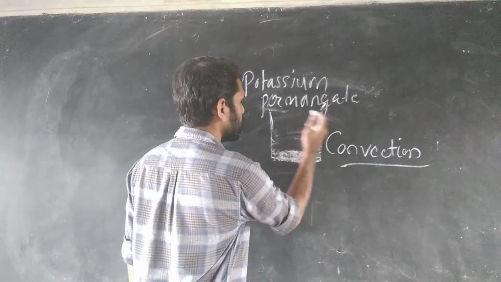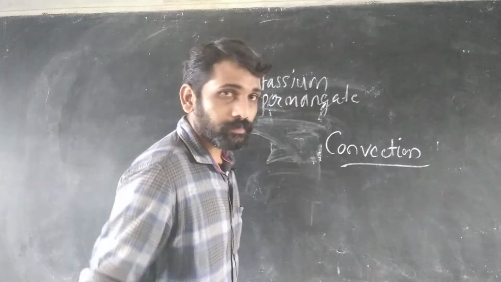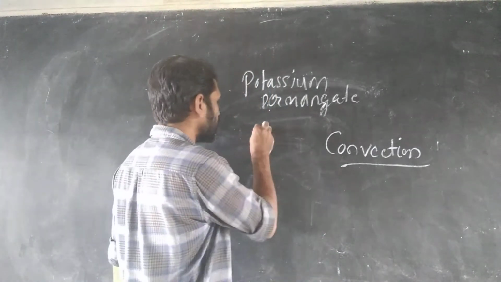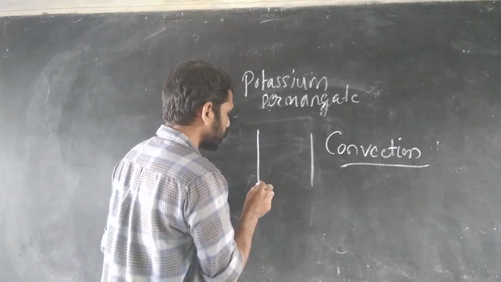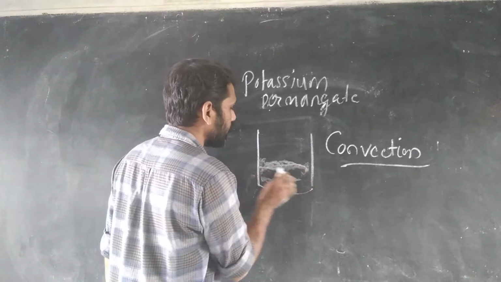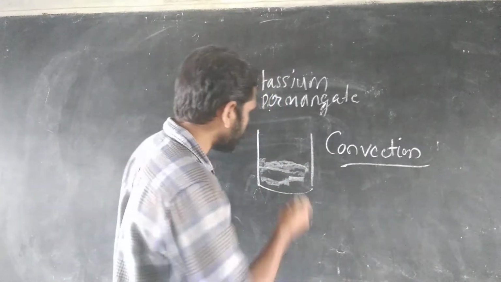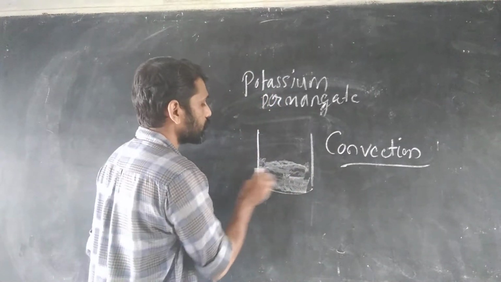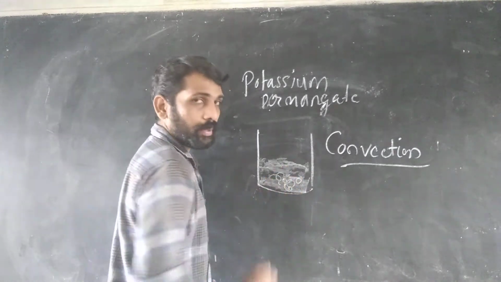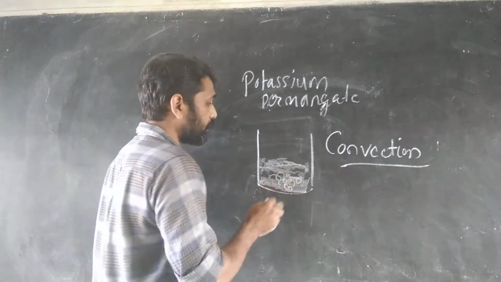Suppose this is our beaker. In this beaker we have taken water, and also we put crystals of potassium permanganate in the water.